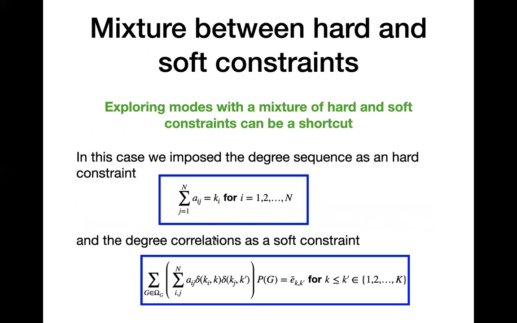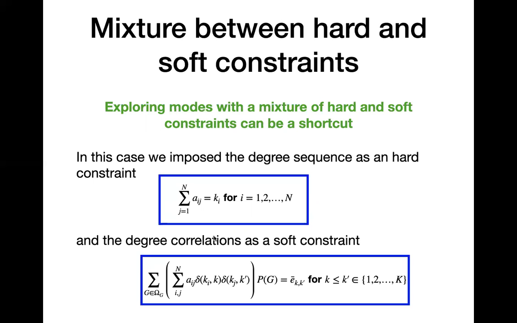Okay, so another way to go around that is to have something a little bit different from what we discussed so far. And you can indeed combine hard constraints with soft constraints.